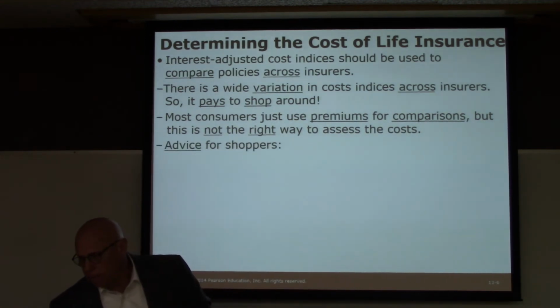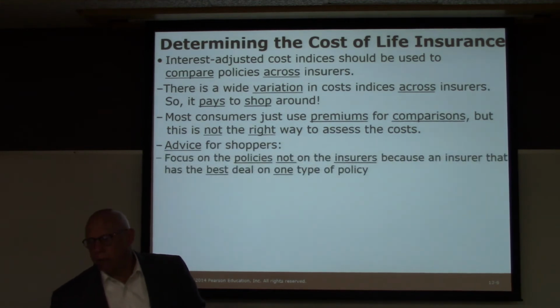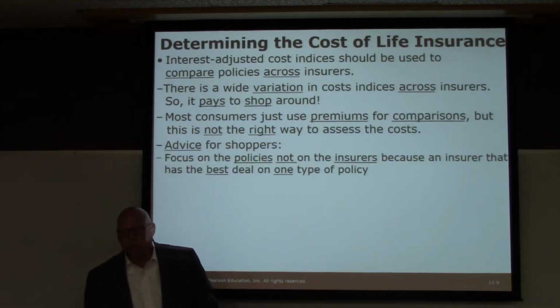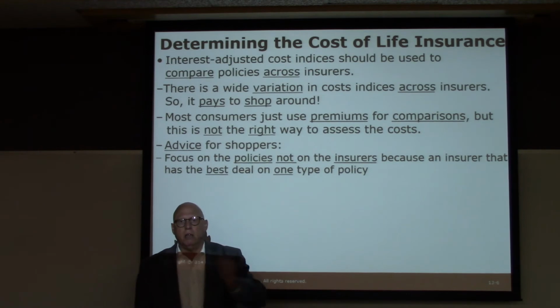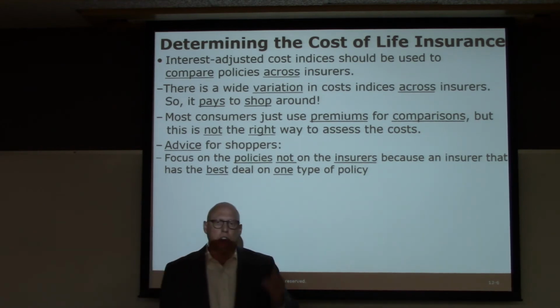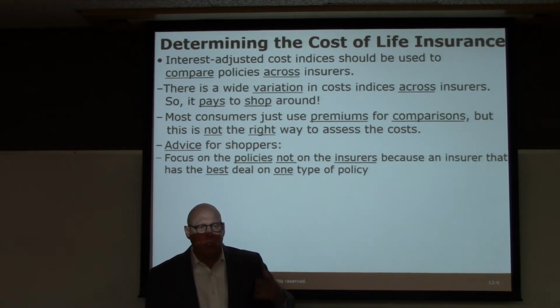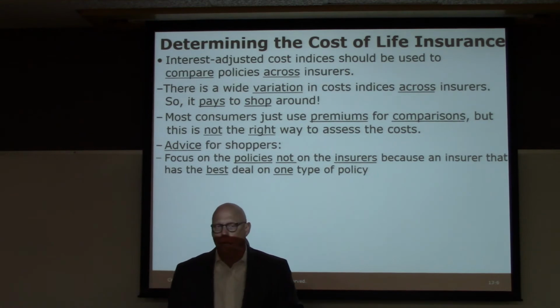All right? So here's some advice for shoppers. First, focus on individual policies, not on insurance companies. Obviously, all the insurance companies that you are considering, you need to do a financial review. Look at the AM Best ratings. Make sure the company is solid financially, okay?